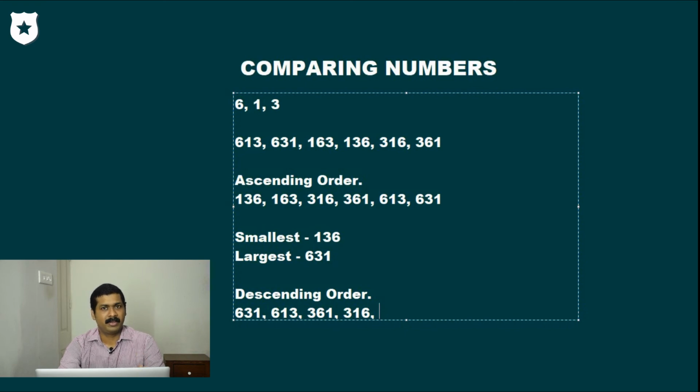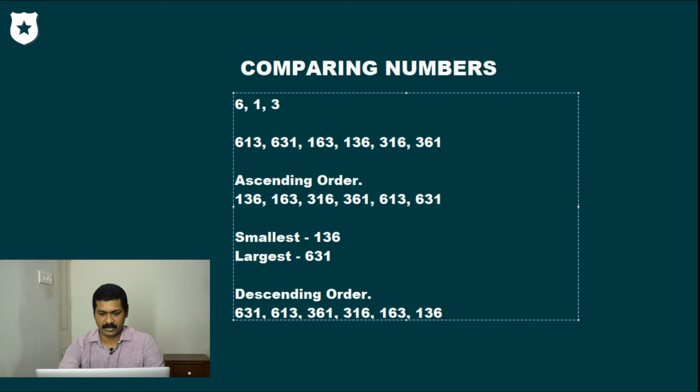So there are two numbers starting with 1, they are 163 and 136. So here the first number is the same number 1, so you have to look for the second number. The second numbers are 6 and 3, the largest number is 6. So between 163 and 136, the largest number is 163.